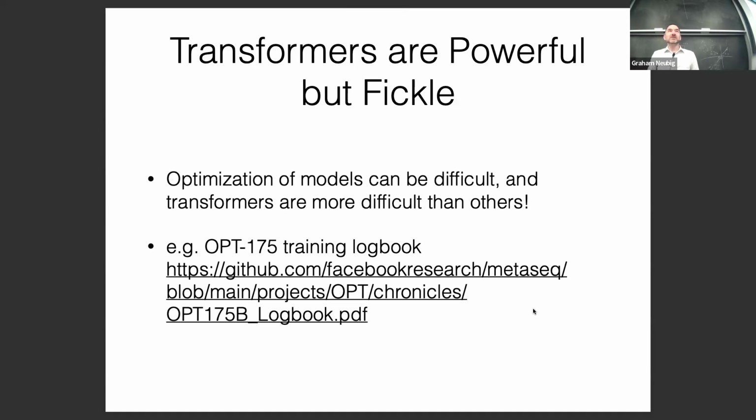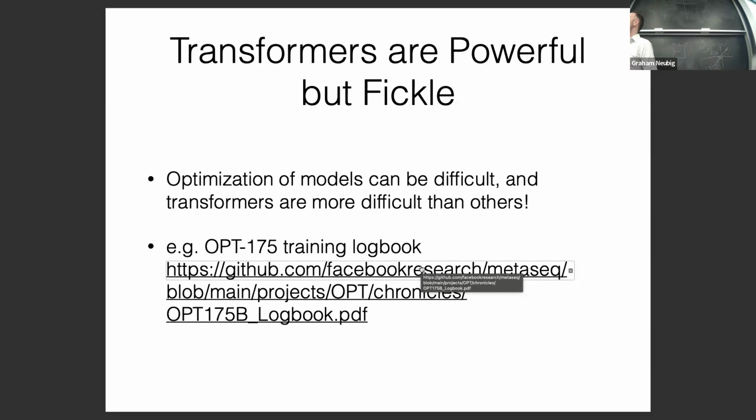One example of this that is really great, it will make you feel a lot better if you're training things and they're not working very well, is Meta's old logbook of how they trained a 175 billion parameter model. And you'll see all of the problems that they had while they were training their model, despite the fact that they're kind of pros at doing this.